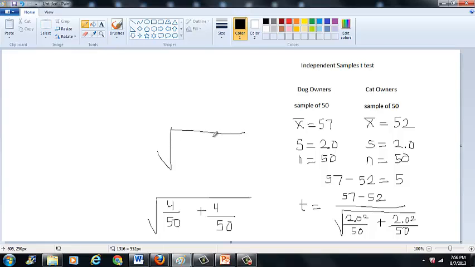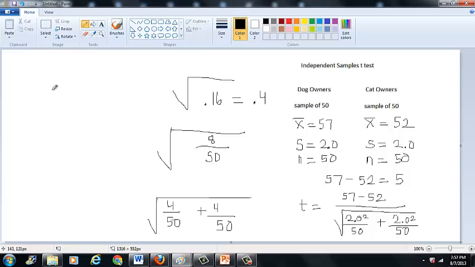These two will add up to 8 over 50. You add 4 plus 4, and you get 8 over 50. If you divide 8 by 50 with a calculator, you get 0.16. The square root of 0.16 is equal to 0.4. So the entire bottom of our formula comes out to 0.4.